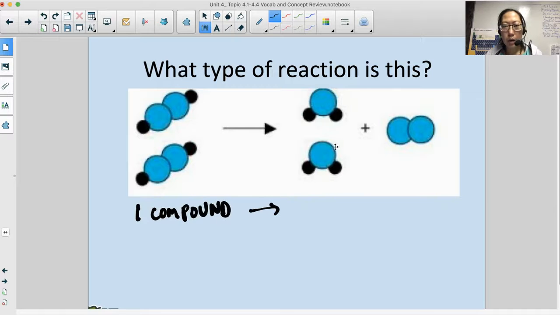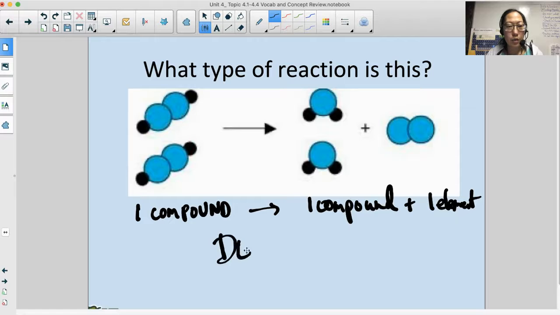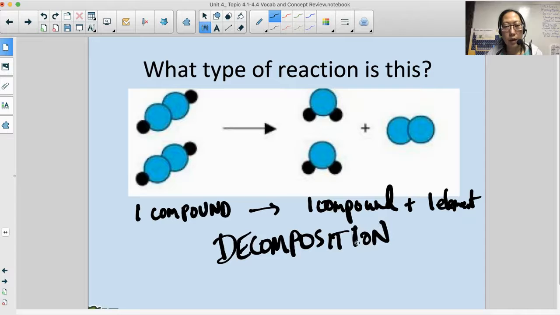It's breaking up into one compound and one element. This is a decomposition. We have one thing breaking up into two pieces.